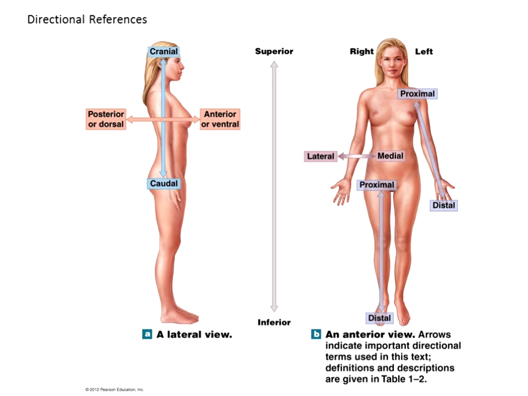So the fingers are always going to be distal to my elbow. My elbow is always a little bit closer to the main attachment part, a little bit closer to those shoulder joints. So my elbows are always going to be proximal to my fingers.